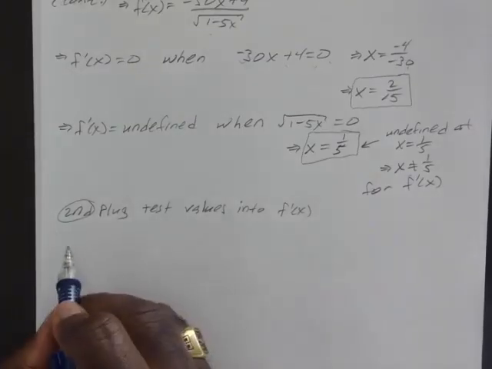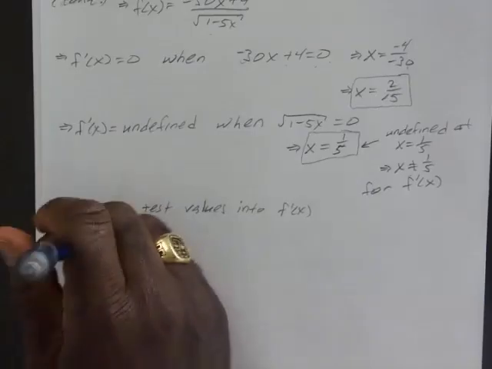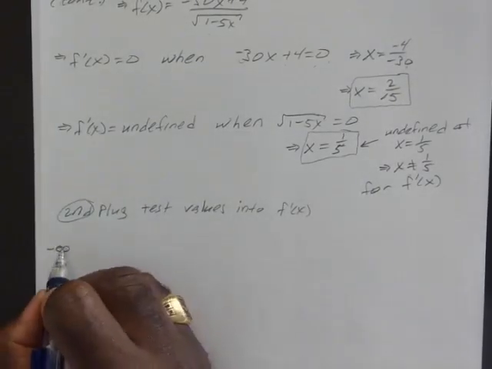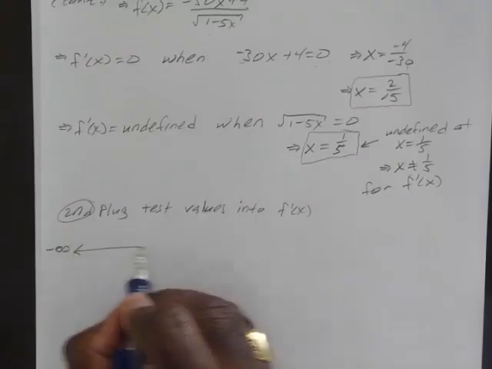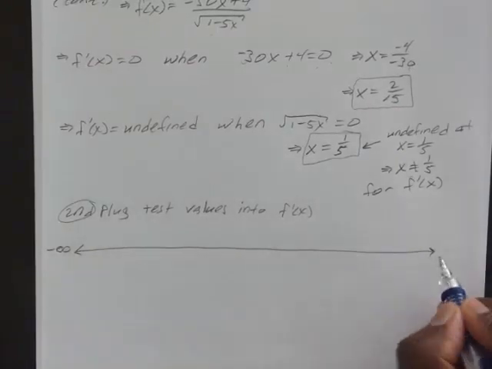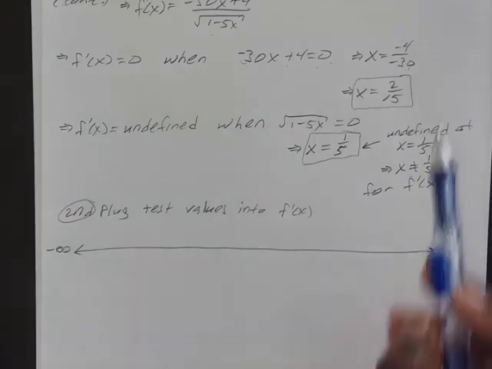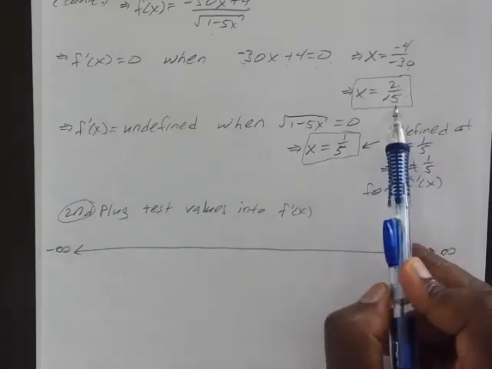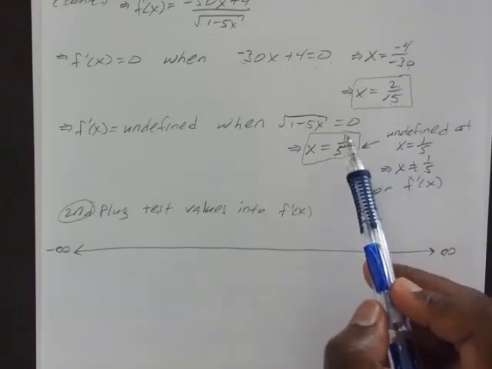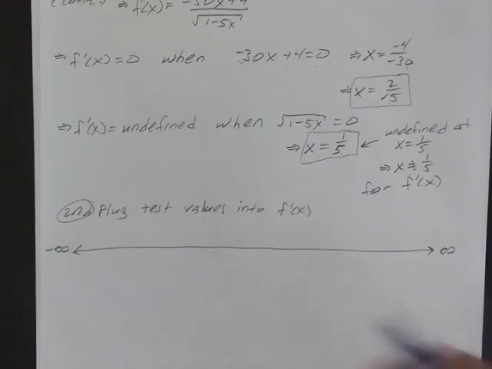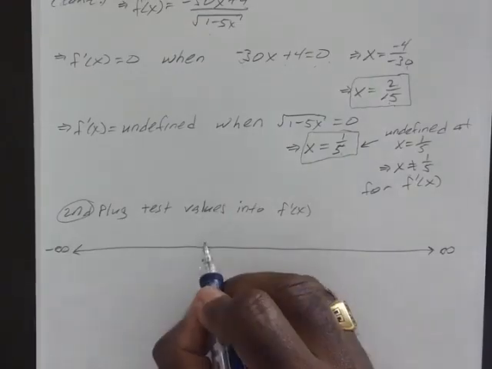Okay, so if we get our number line from negative infinity to infinity, we know we have 2/15 and 1/5.